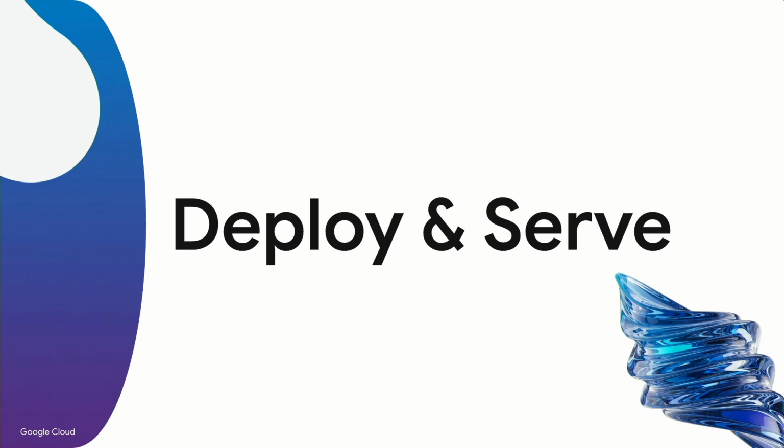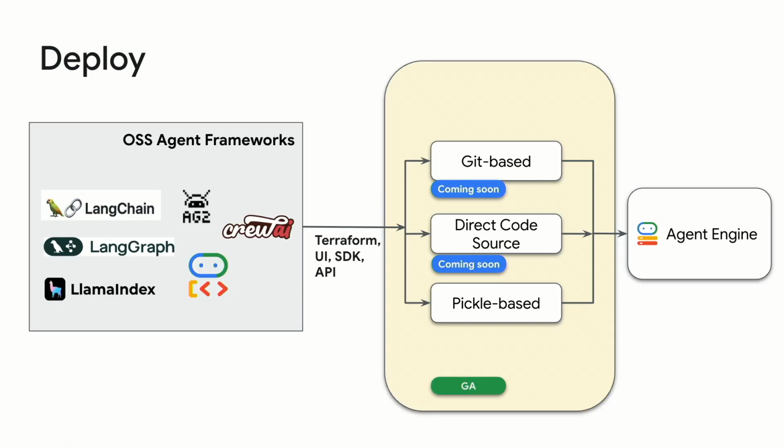Now that we have developed and evaluated our agent, it's time to deploy and serve it to real users. You can deploy from your open source framework code directly. We support deployments through multiple pathways. They are optimized for different personas and users.